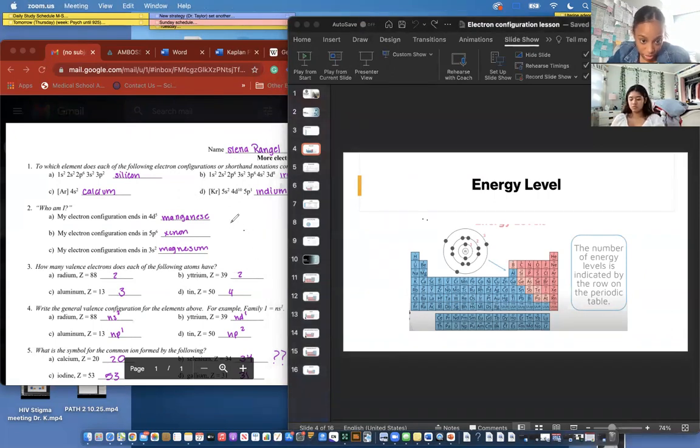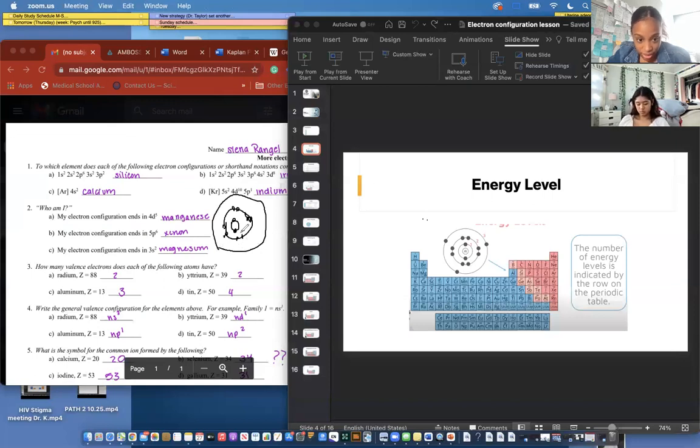So this is aluminum. We'll say this is the first energy level. The first energy level will house 2 electrons. Then 2, 3, 4, 5, 6, 7, 8. Every orbital has to reach an octet, which is 8.